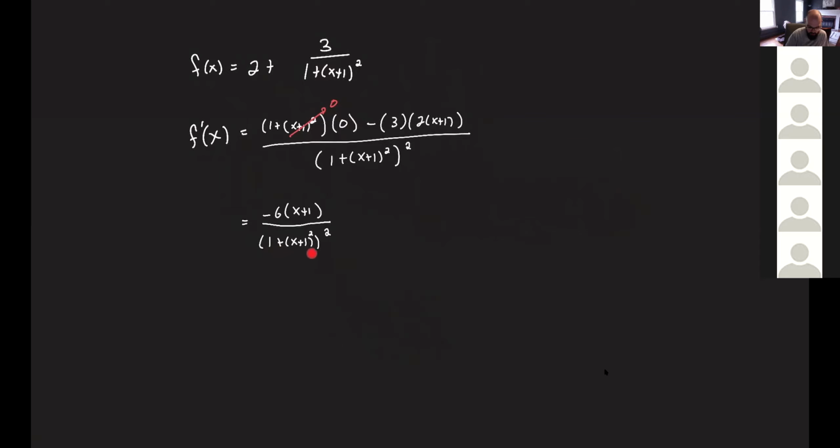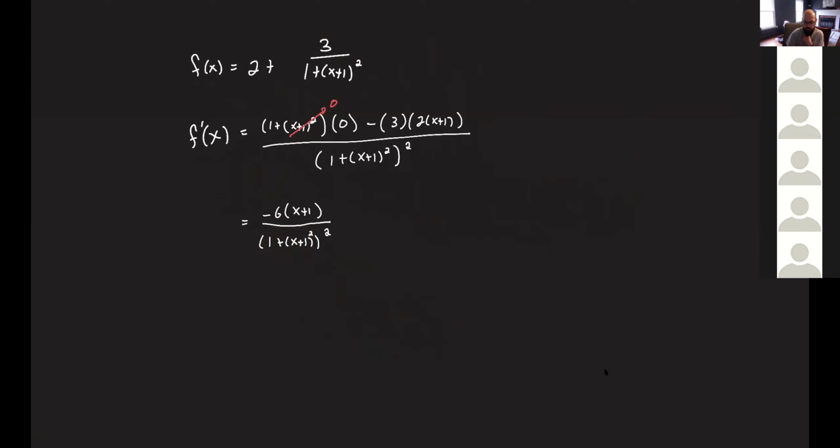Is this thing down here ever equal to 0? So when we're thinking about this, I want you to not have to actually do all the algebra, but just think in behaviors, like what's happening to these functions. So if we look down here, this thing right here, 1 plus x plus 1 squared, yeah, it can't be 0, right?